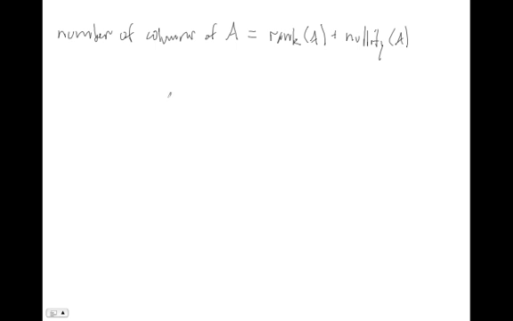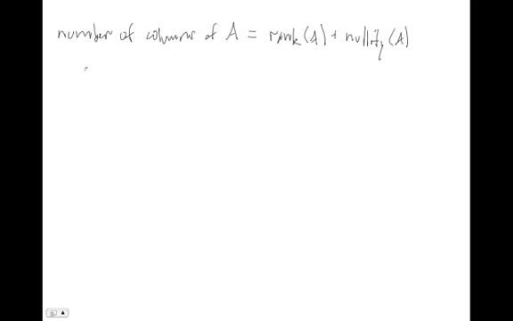And so it would be reasonable to say, well, are the number of rows of A also equal to the rank and the nullity? And the answer in general is no, they're not the same. And the reason why they're not the same is because in some ways the columns of a matrix are more important than the rows.